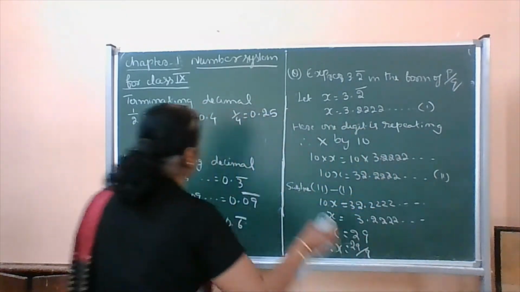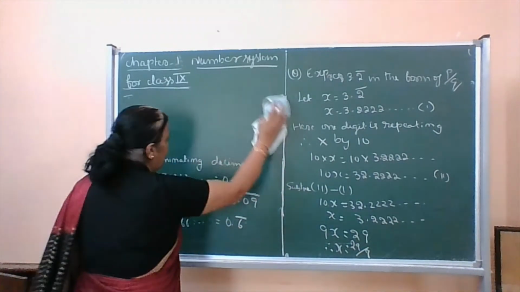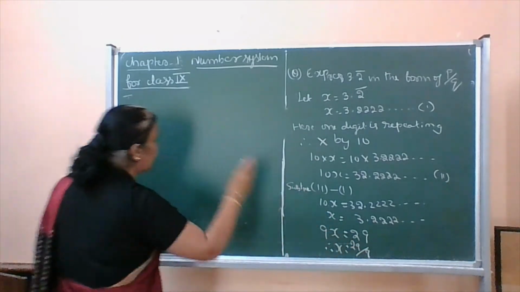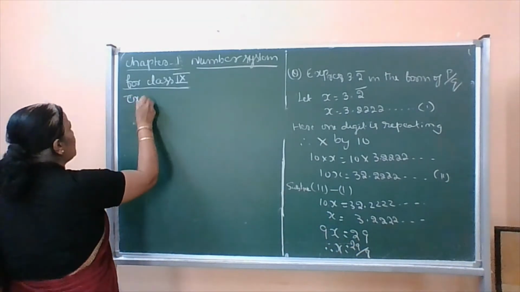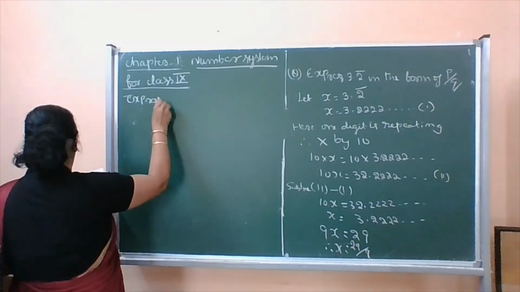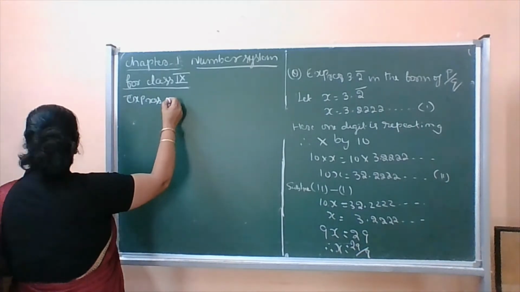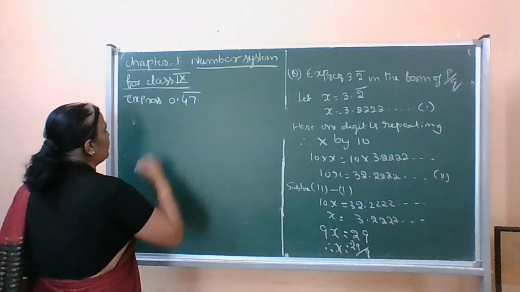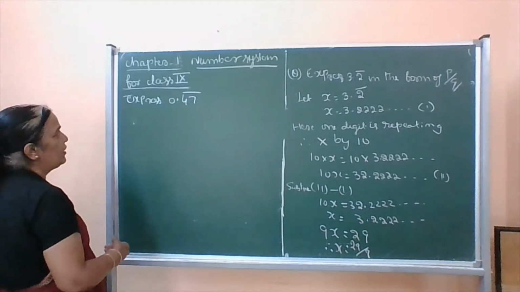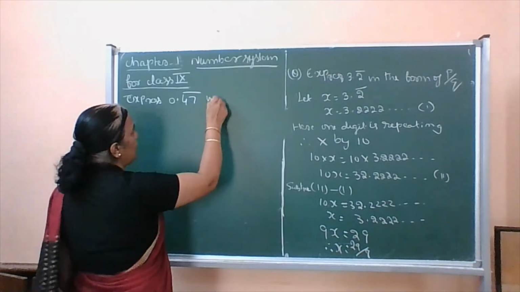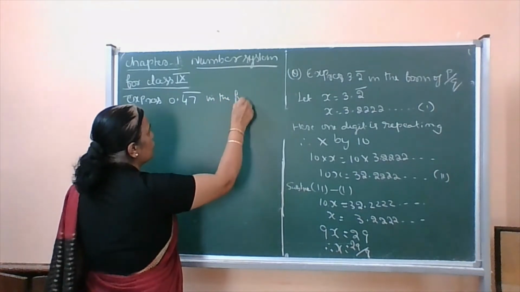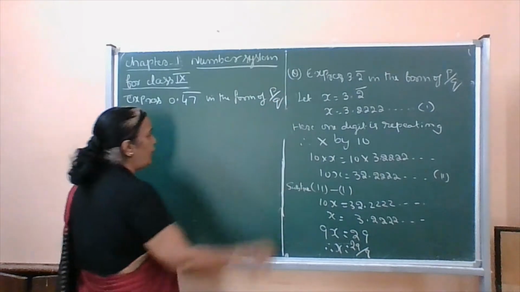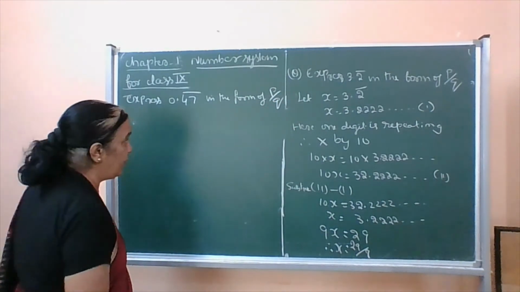Now one more example, that is express 0.47 repeating in the form of p by q, that is in the form of a rational number.